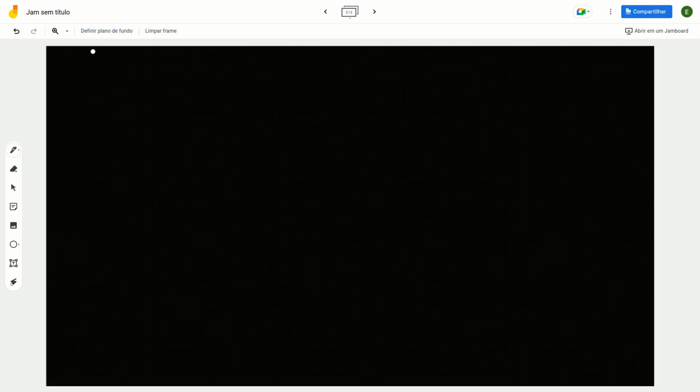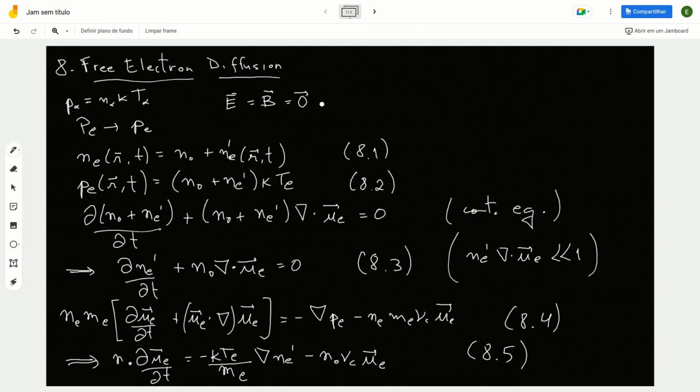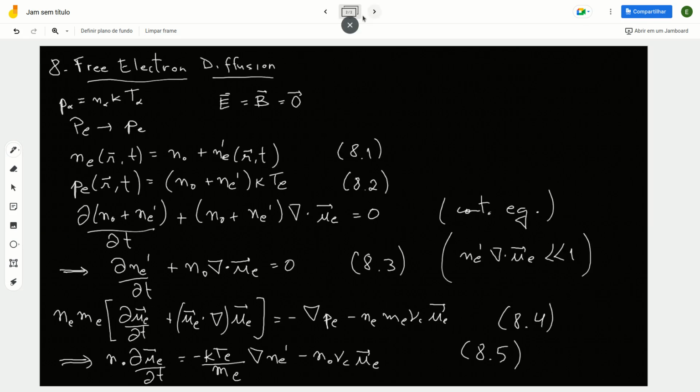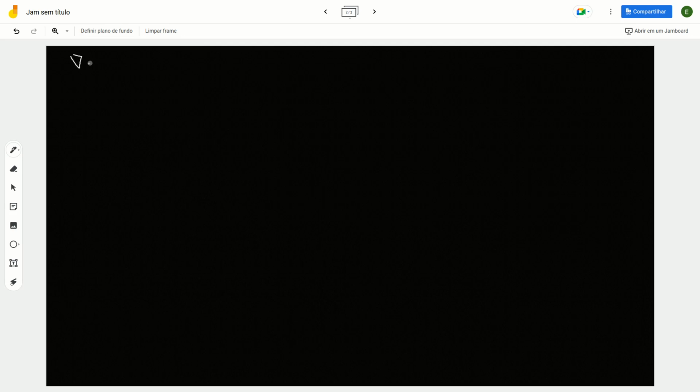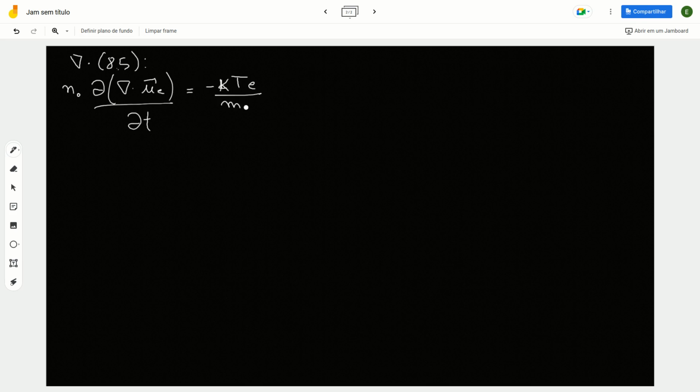Now we just take the divergence. What is the divergence of 8.5? The divergence of 8.5 will be, and this is constant, and here we add the divergence.